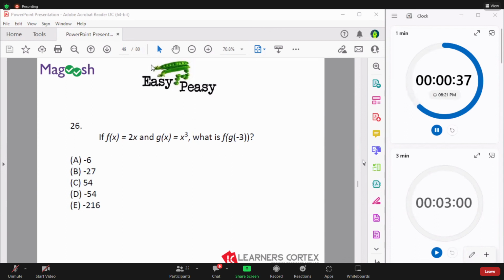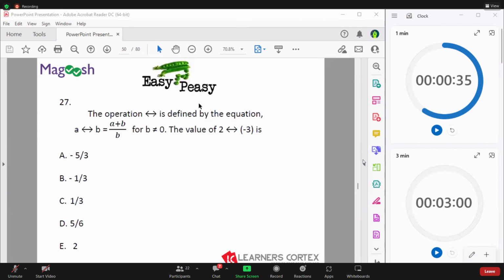Yes, Pradusha, would you like to help? Sir, g of -3 equals -27, and f of -27 comes to -54. Yes. Okay, great. So -54, option D would be the answer.